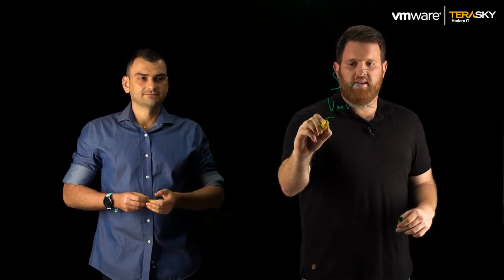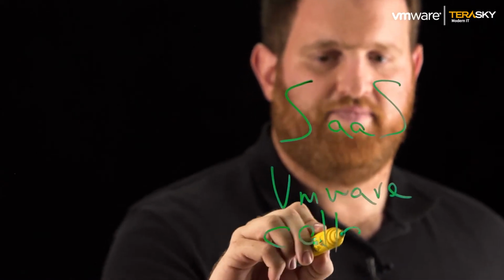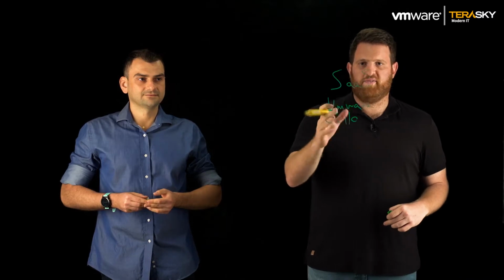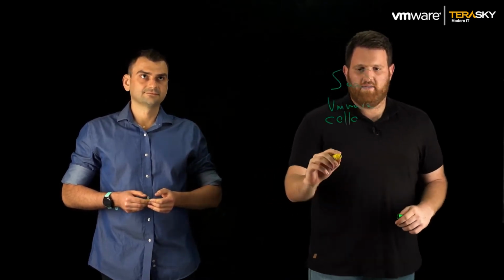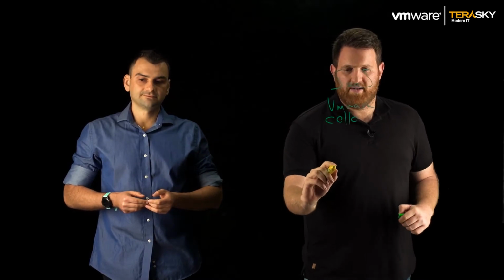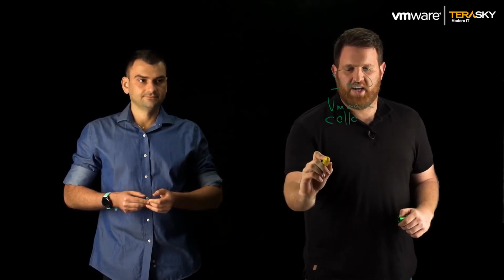Our data centers are physical data centers in a couple of geographical locations, in co-locations. This is where our hardware is basically installed. And we are using the VMware technology as infrastructure.